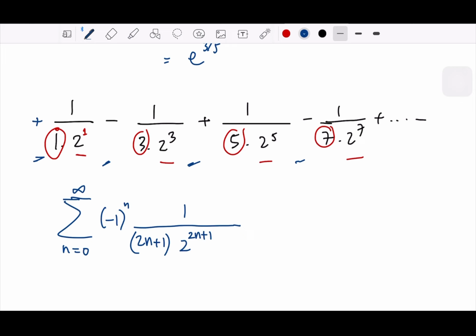Okay, now we need to make it into another form from this. Maybe we can simplify and make it similar to our reference.